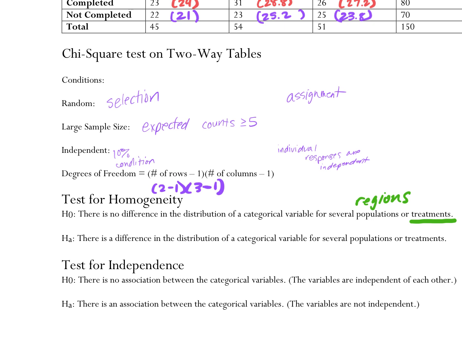Different regions are definitely 2 distinct populations. Otherwise, if it's an experiment or it's regional, that's when I'm going to choose homogeneity. That's a really great rule of thumb. Is everybody good? So for this particular experiment where we're going to run through this 2-way table, should it be homogeneity or should it be a test for association?